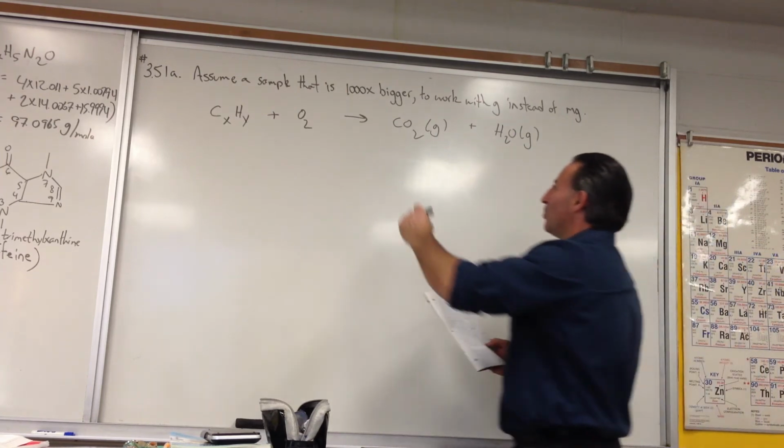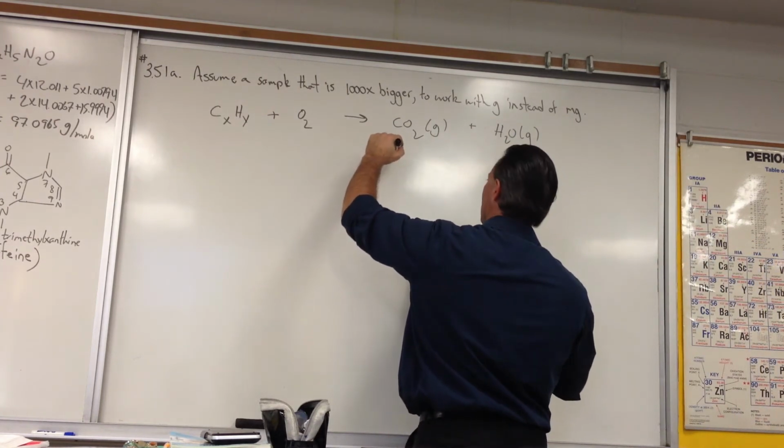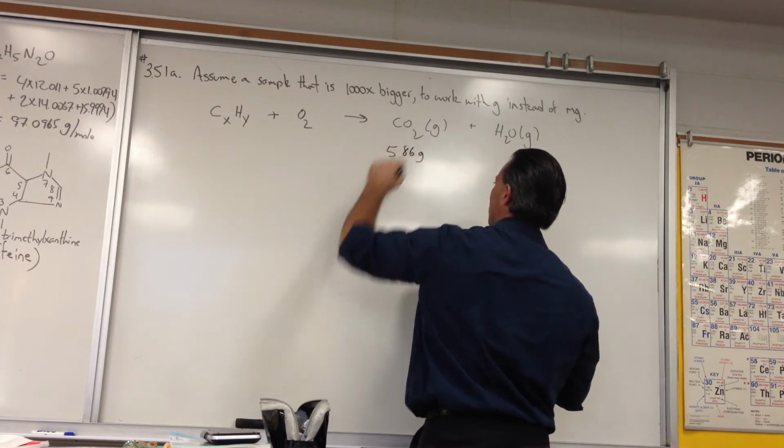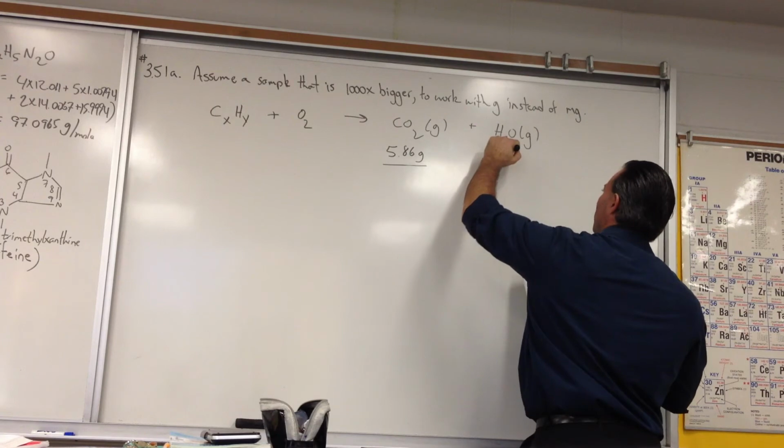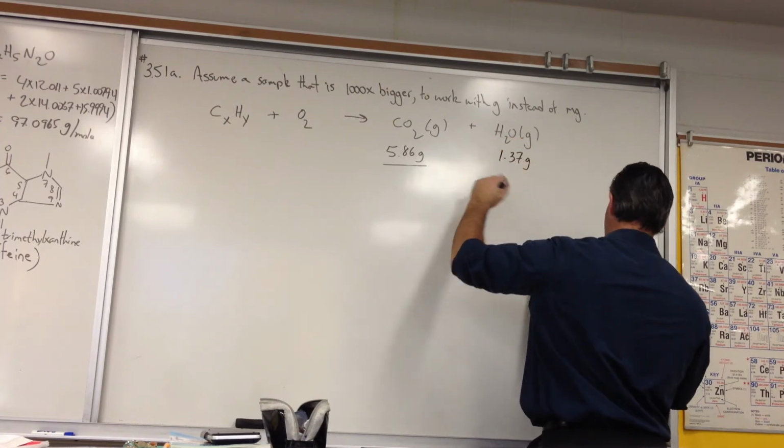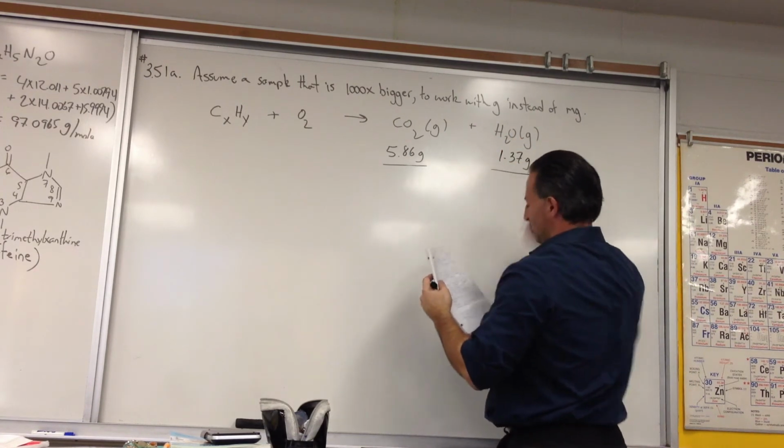And we're told that 5.86 milligrams of carbon dioxide is produced, but if we turn it into grams to make the calculation a little bit easier, we're also told 1.37 grams of water is produced, which was milligrams, we switched it to grams.